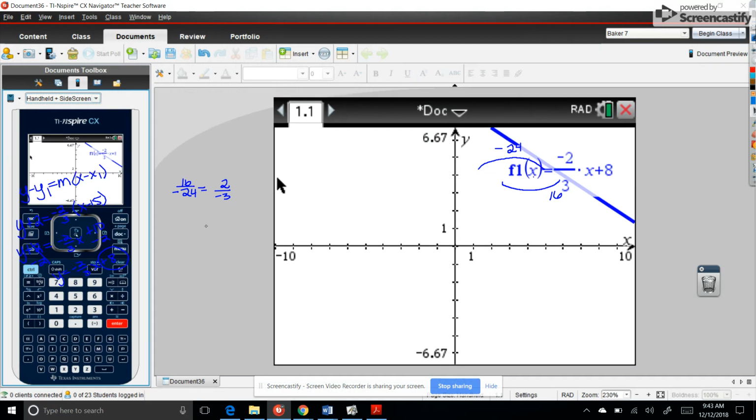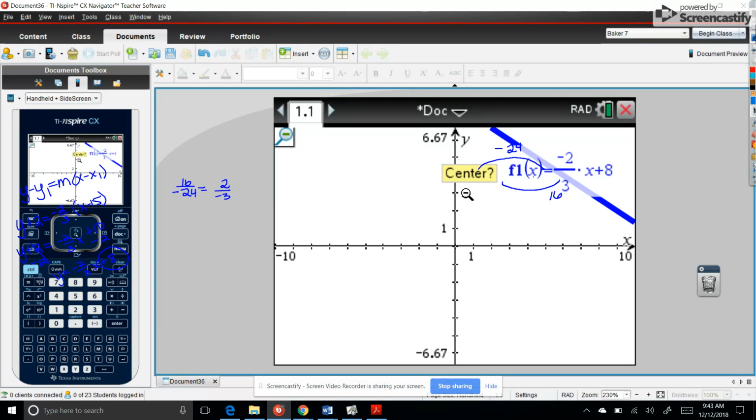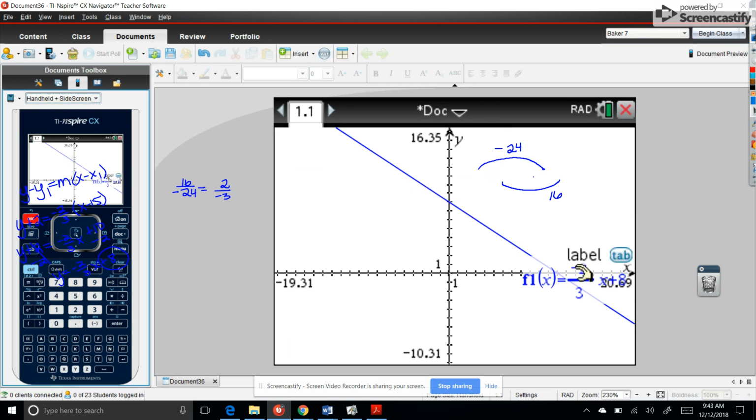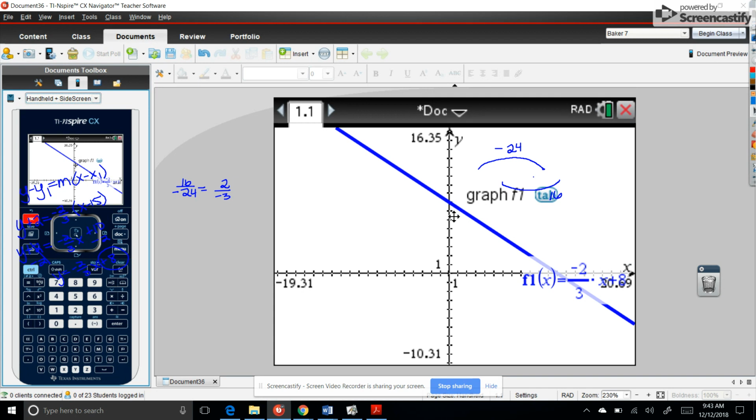Okay, I'm going to zoom out. Okay, and it was supposed to pass through 15, -2 and -9, 14. 15, -2, yeah, probably. Let's see for sure.